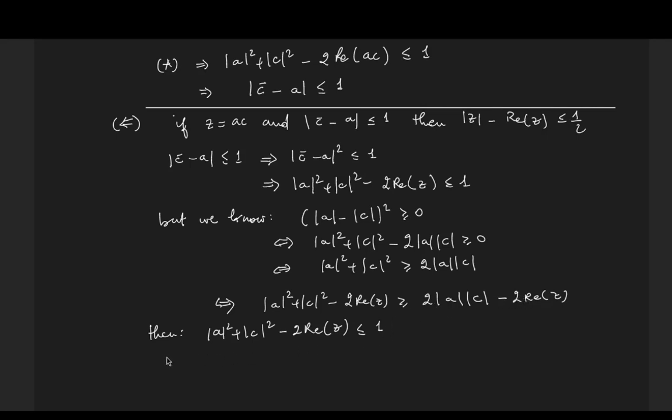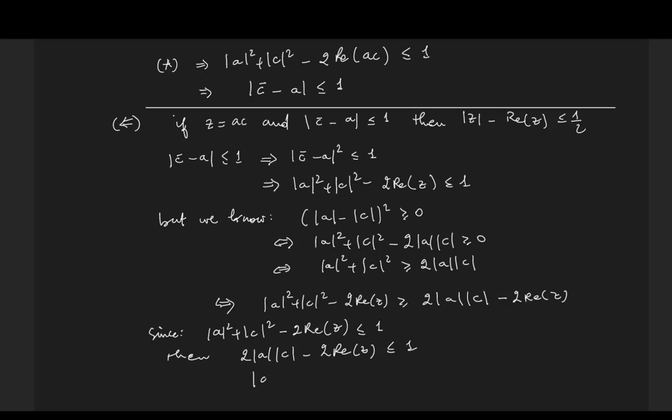So that means, since we have this, that 2|a||c| - 2 Re(z) ≤ 1. So we will divide by 2.